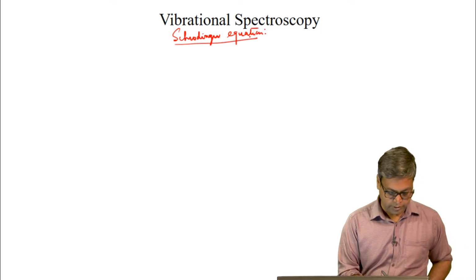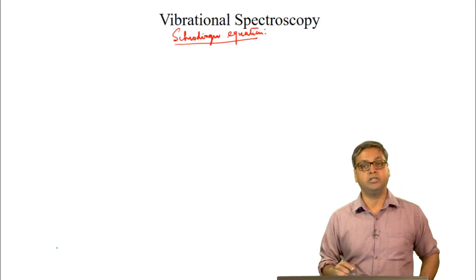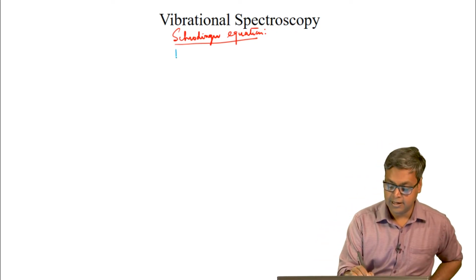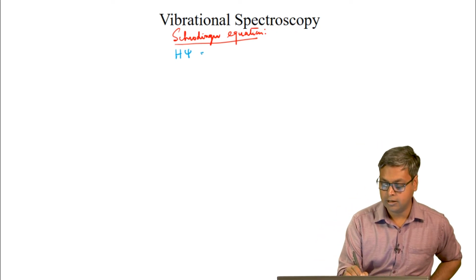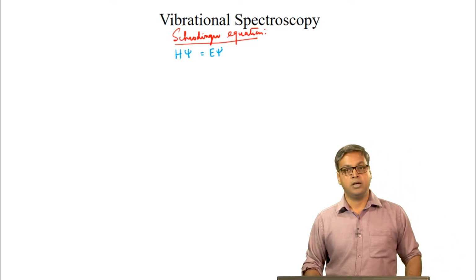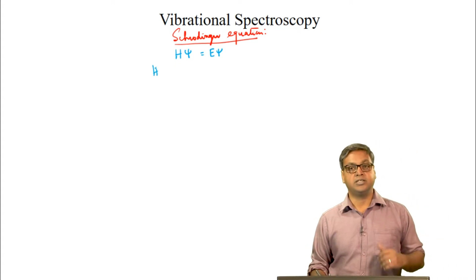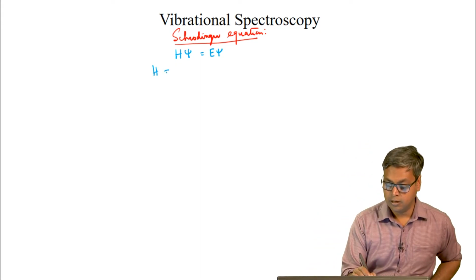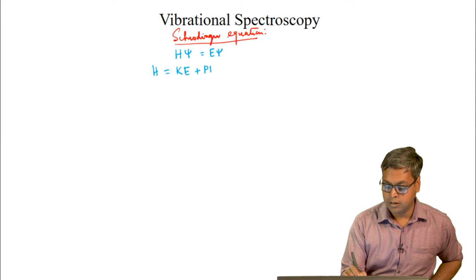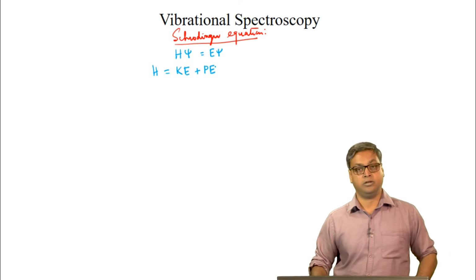So, we can write the Schrodinger equation as H psi equals E psi. The Hamiltonian, that is the H, is given by the kinetic energy operator plus the potential energy operator.